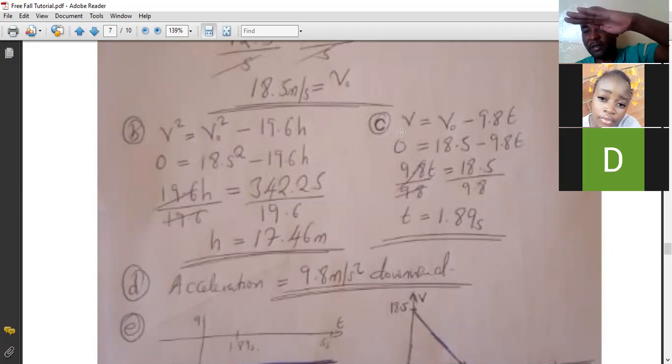When it reaches the cornice where it was thrown from, the speed will be the same as the initial one you threw with, except it will be negative because it will be going down. When something is falling down, the velocity is negative. So this answer is not the one, guys.